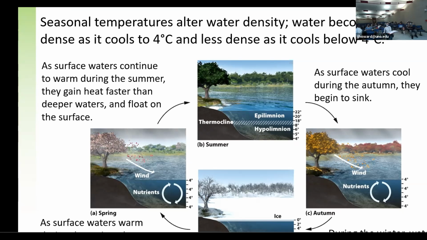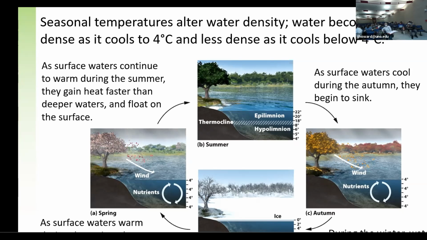So you have then the ability to mix the surface waters and the deep waters in the spring as the temperature starts to rise and as wind mixes those waters. Now, you may have wind all year long, but it only has a limited ability to mix the waters once the surface waters get too warm.